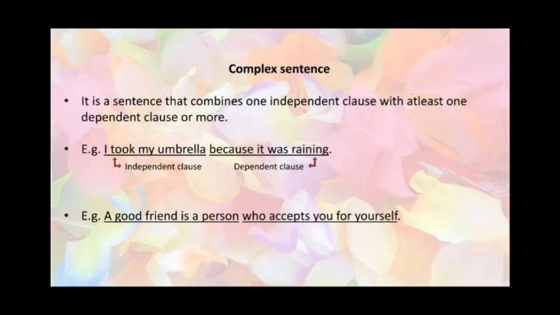Second example, a good friend is a person who accepts you for yourself. Similarly, we have a good friend is a person, so this is an independent clause. Who accepts you for yourself is the dependent clause, which is joined by a subordinating conjunction, that is who.